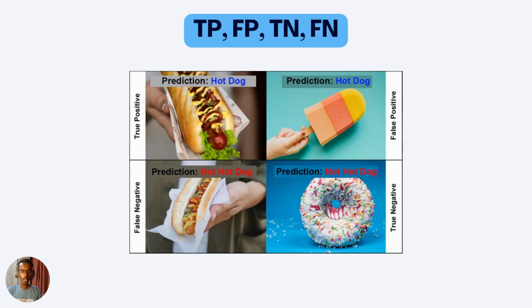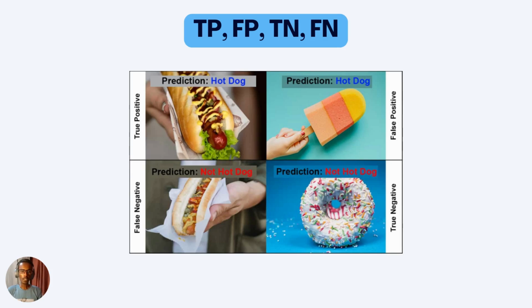So for example, if you have a prediction that says hot dog and not hot dog, so we have two classes, and true positive means when the prediction and the ground truth value are the same.